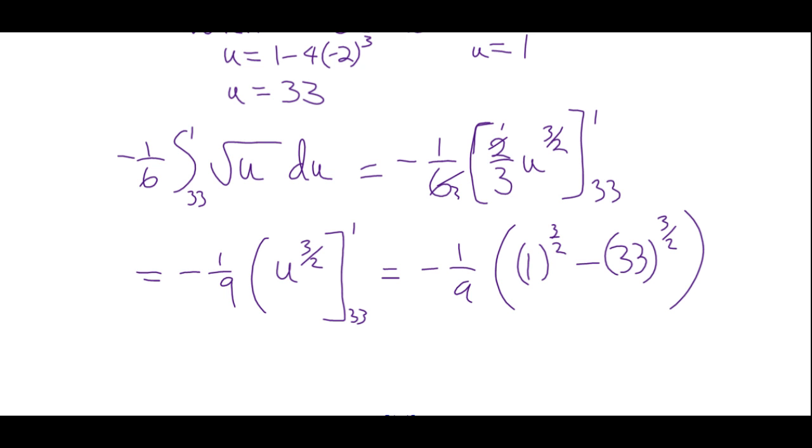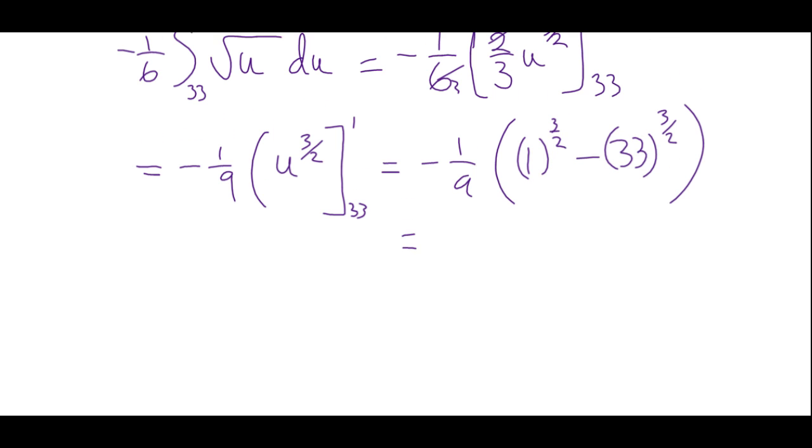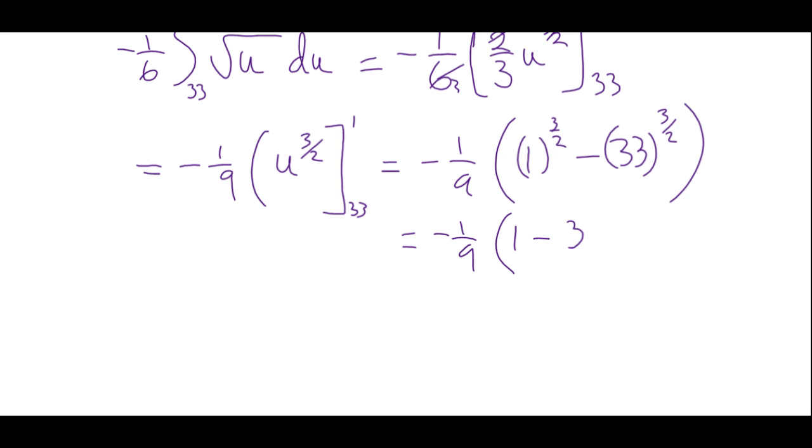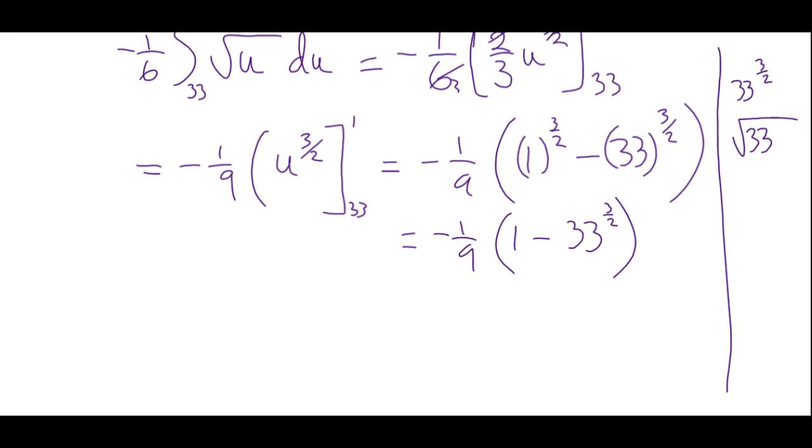All right, so we have negative 1/9. Let me back this up. So 1 to the 3/2 is just 1, minus 33 to the 3/2. Okay, 33 to the 3/2 is the square root of 33 cubed, which is equal to what?